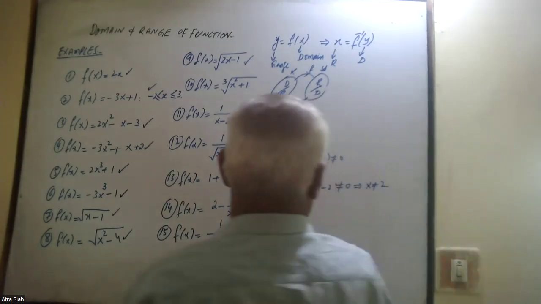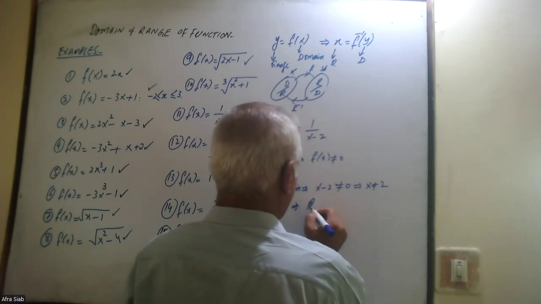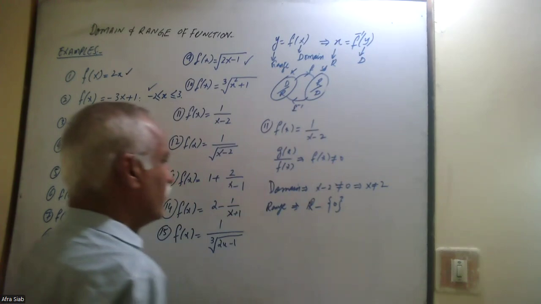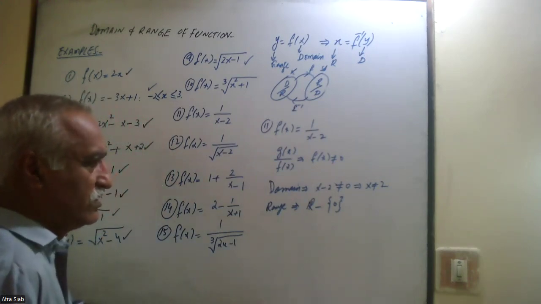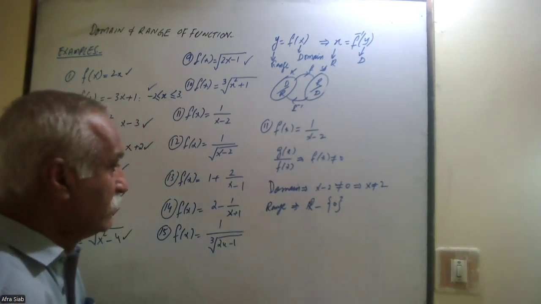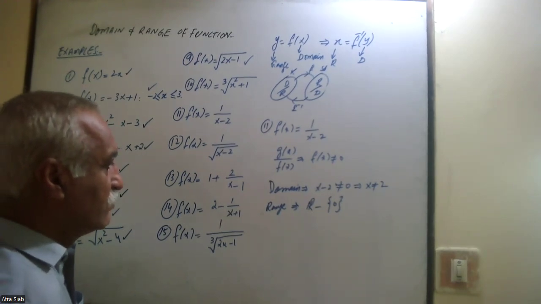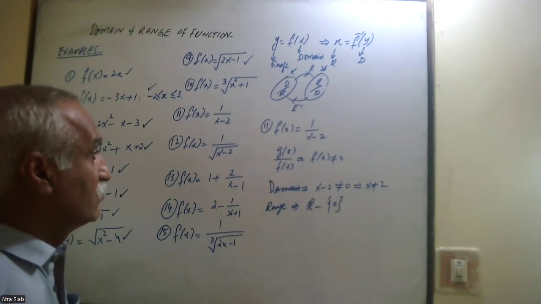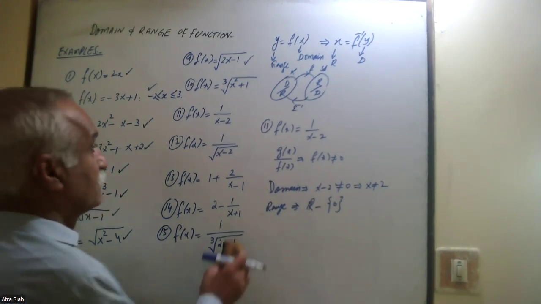The range of this graph is all real numbers minus 0, because 0 would come only when you put x equal to 2 in it. So all real numbers minus 0 is the range of this graph, f of x equals 1 over x minus 2.